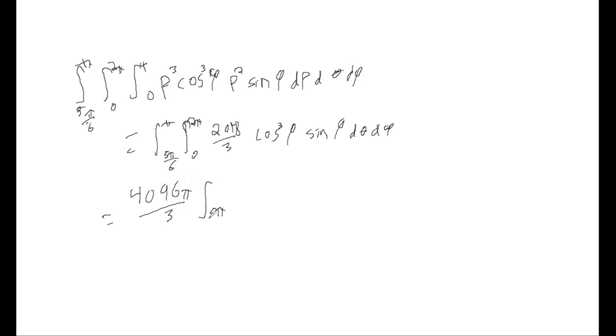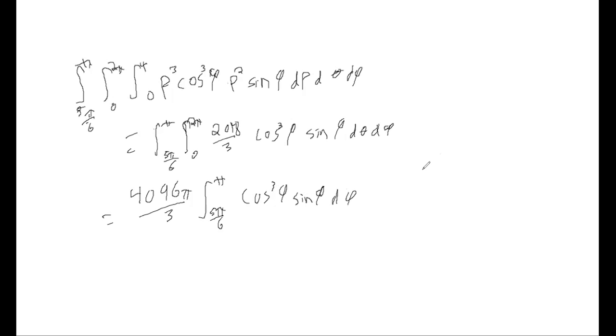of the integral from 5 pi over 6 to pi of cosine cubed of phi sine of phi d phi. That's the best phi I've drawn so far. It's the only good one. So here we just make a u substitution, right?